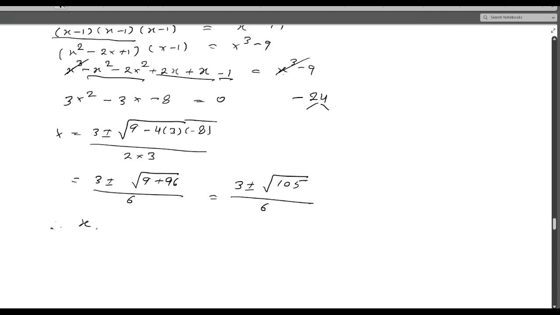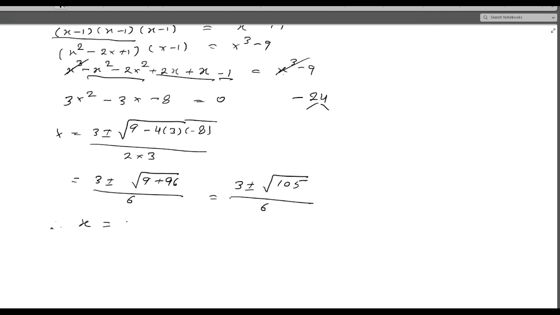Therefore x is equal to, now we will get answers in decimal. Square root of 105 is 10.25. So it is 3 plus this value, whole divided by 6.